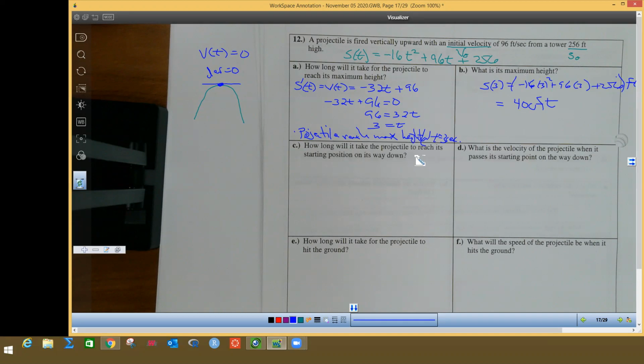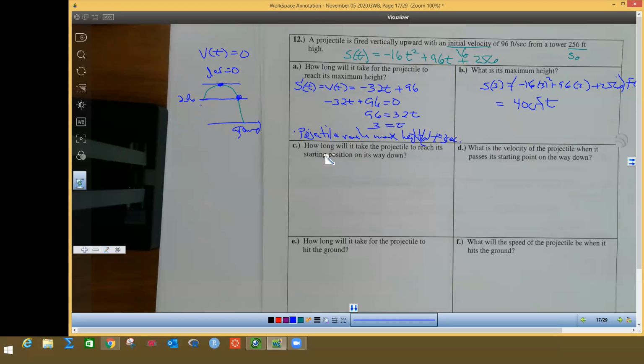How long will it take the projectile to reach its starting position on the way down? Well, in this particular problem, we're starting up here at 256 feet, right? And we go up, and then it comes back down, so it's going to hit 256 feet on the way down to the ground, right?